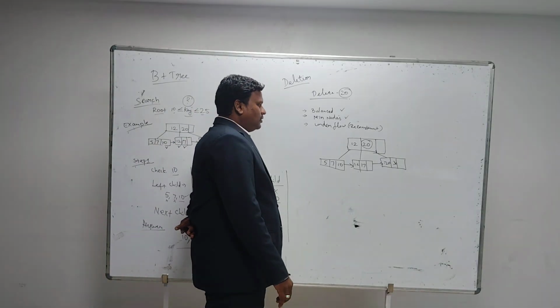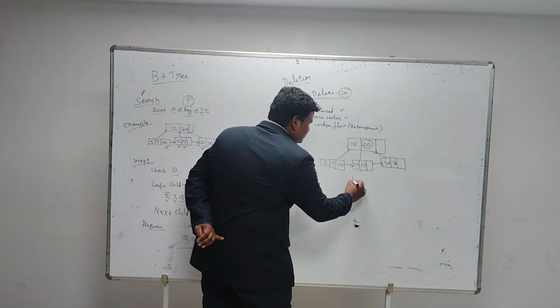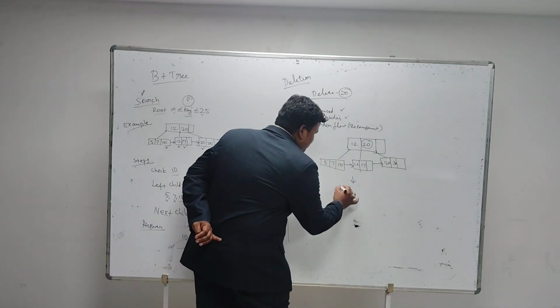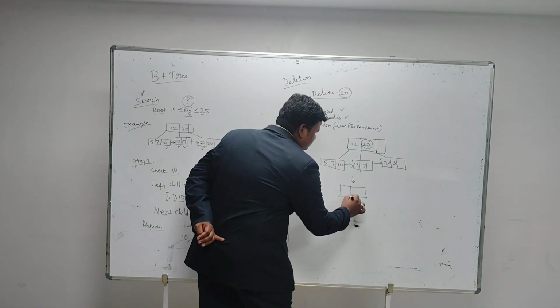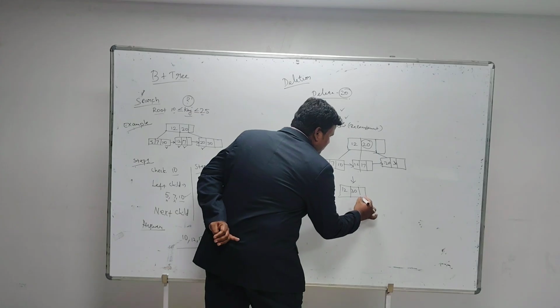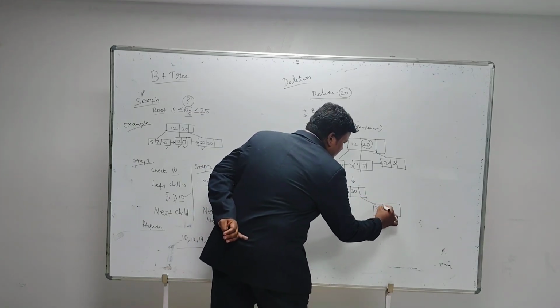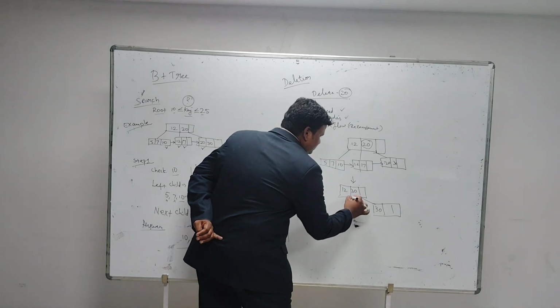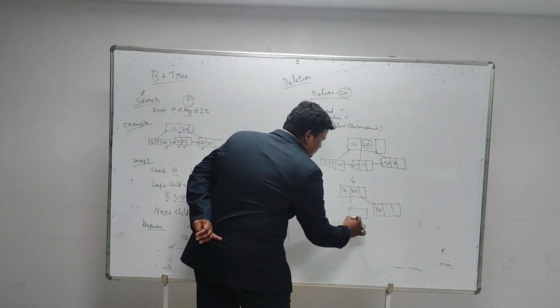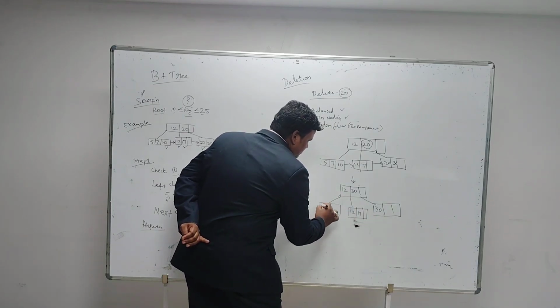If we delete 20, what will happen? 20 is deleted, so 30 will move. Then we have the same node 12, 17, then 5, 7, and 10.